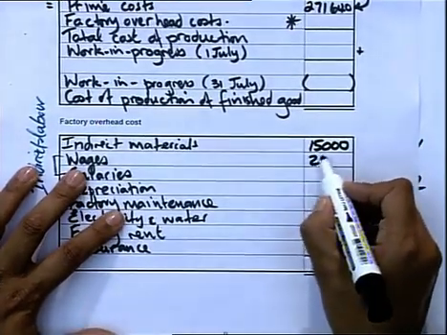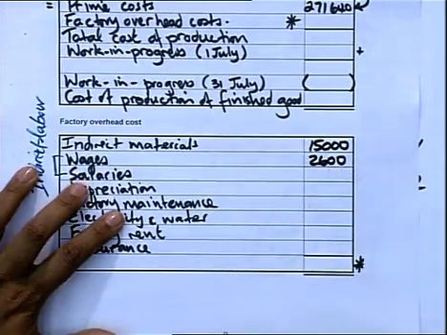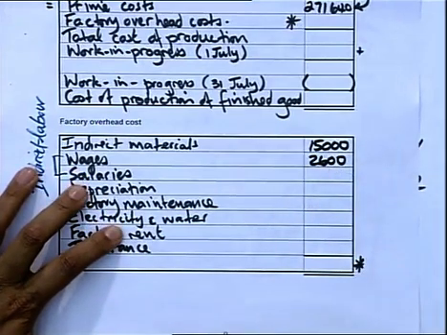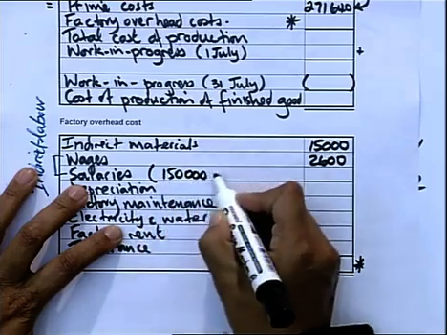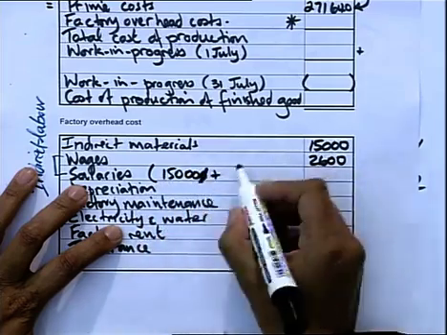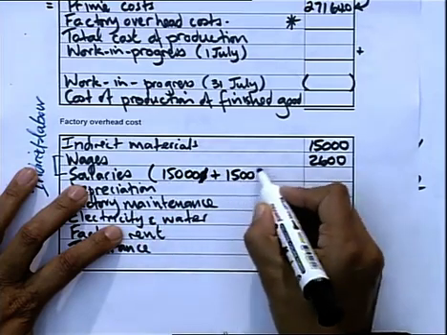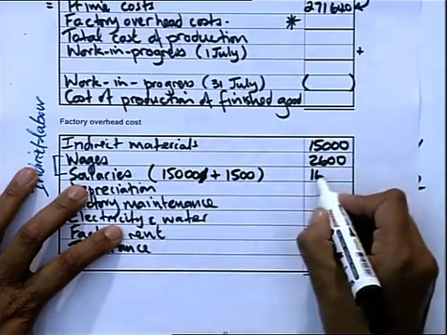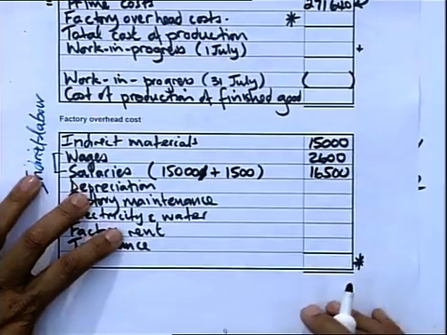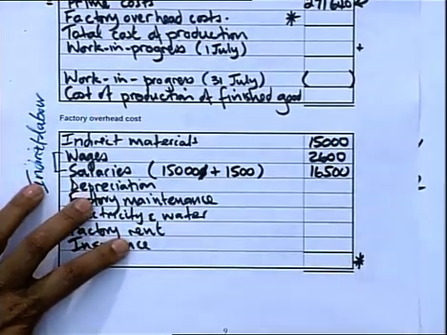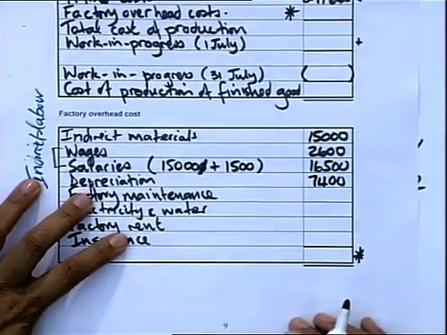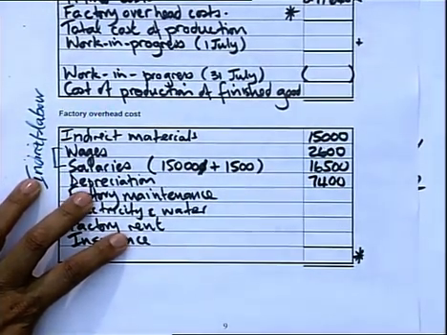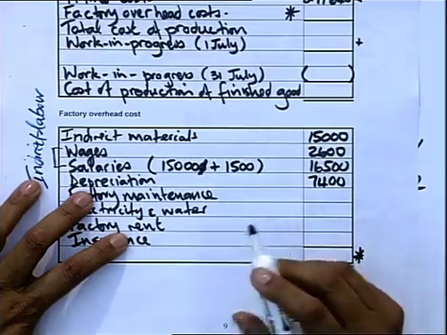As per my calculation, the cleaner earns 2,600. Salaries, the foreman, remember it was the 15,000 plus the 1,500. That gives you 16,500. The depreciation, we're only going to use the 7,400 for the factory plant, for the factory equipment. That's all we're going to need.